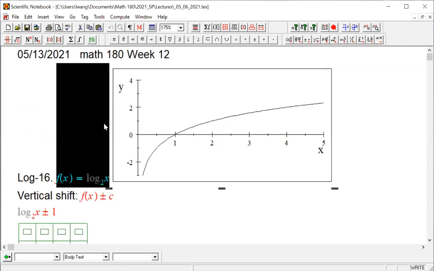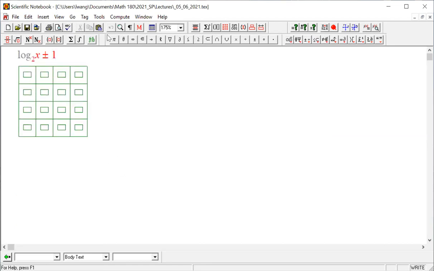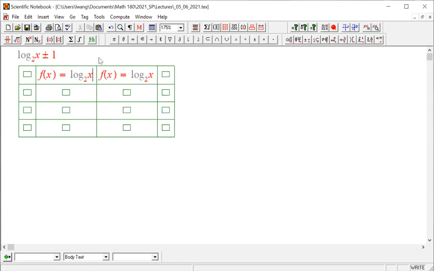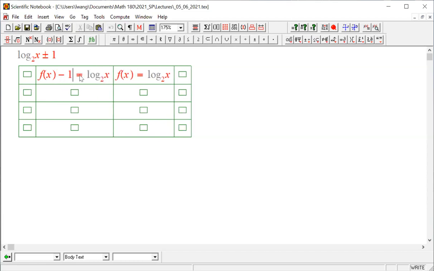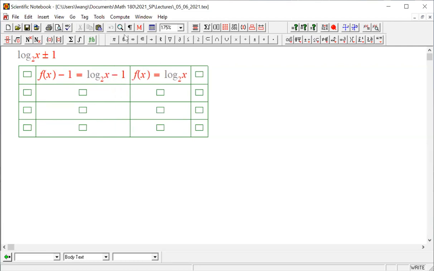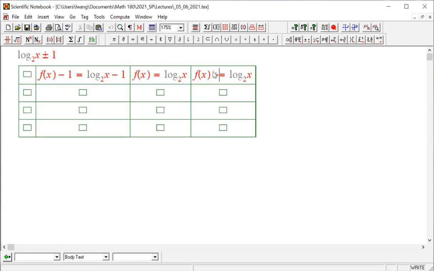Log base 2 of x, this function, and then we will have -1 and +1. So this is -1, and this is going to be +1.